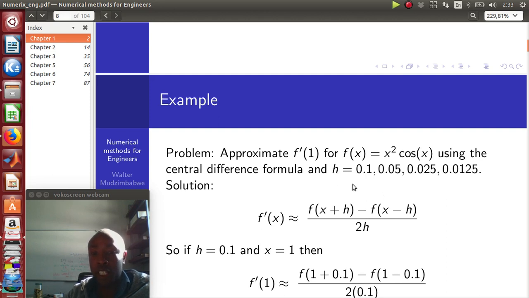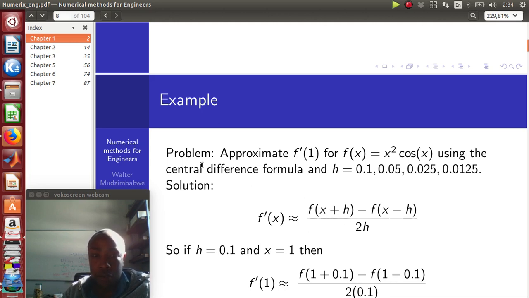So if you are doing an approximation, it means you pick h's that are small. As you can see, these numbers are small, and they are progressively becoming smaller. That is what we mean by approaching 0. They are on their way to becoming 0. So you pick a small h and then you put it in this formula.